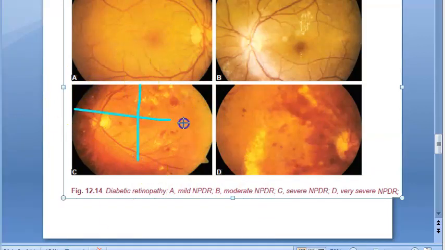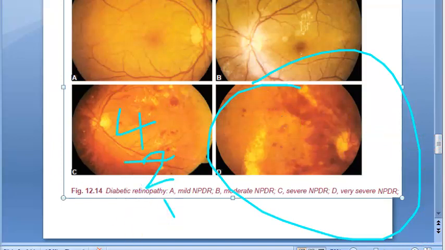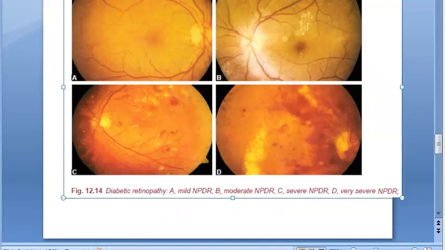So this is severe. But there is something called very severe also. Now let us look at this. This one is very severe. Now in very severe, again, any two of the following. Here it is a 4-to-1 rule; even this was a 4-to-1 rule. Now, what is the 4-to-1 rule? Let us look at this.